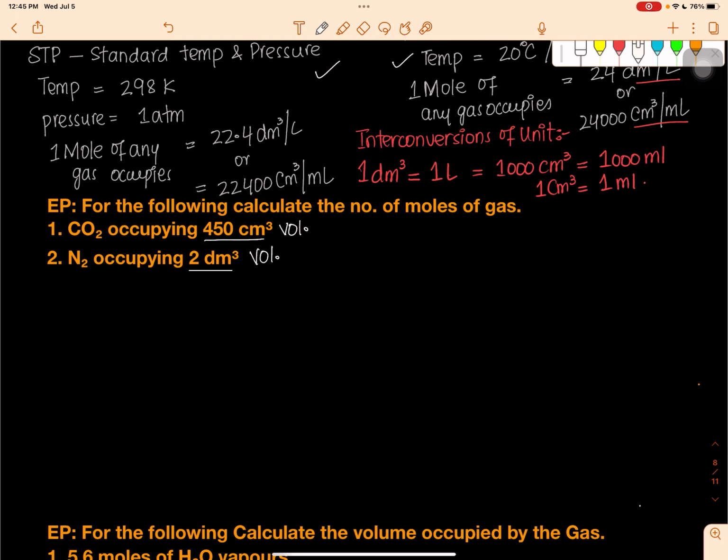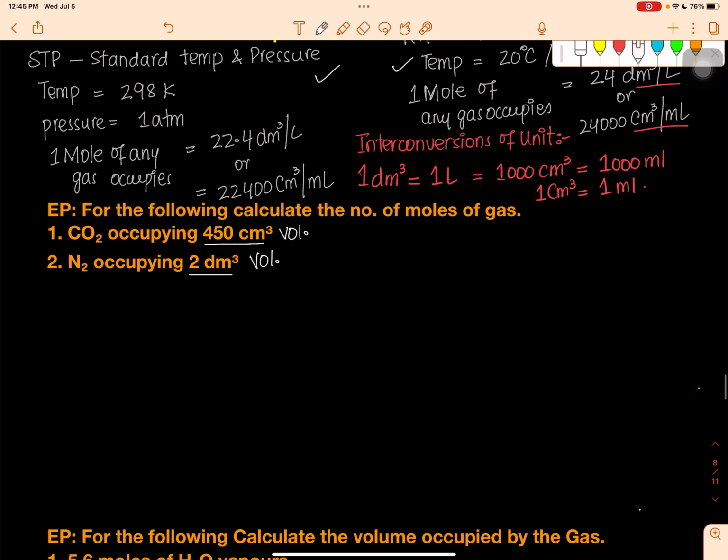You can use a ratio method in which 1 mole occupies 22.4 dm cube, or you can use a formula. Method number 1 uses a formula: number of moles equals given volume over the volume at STP or RTP.